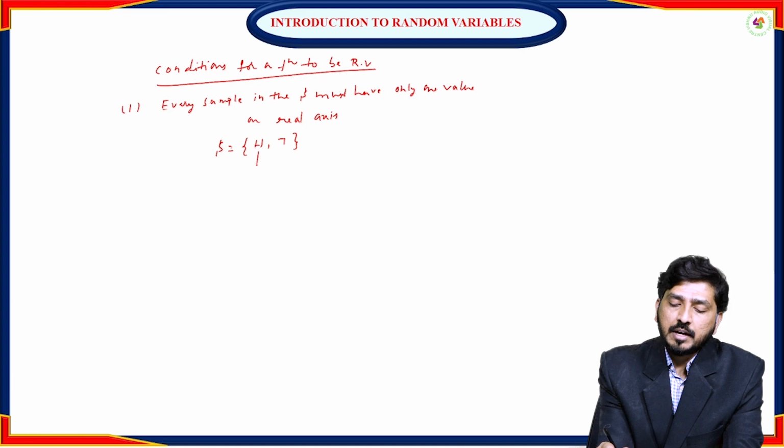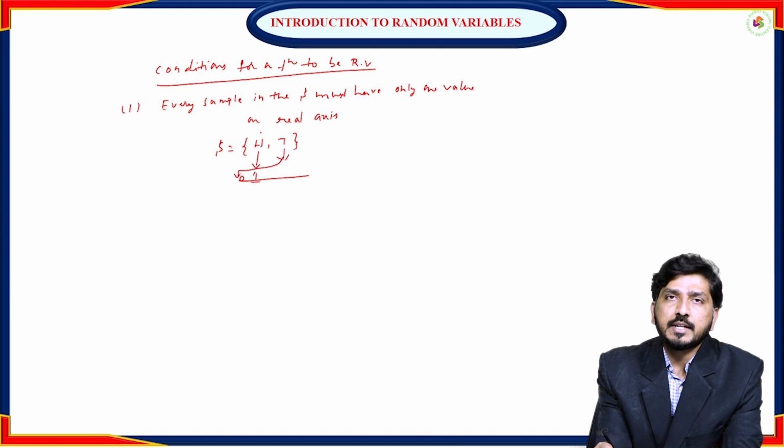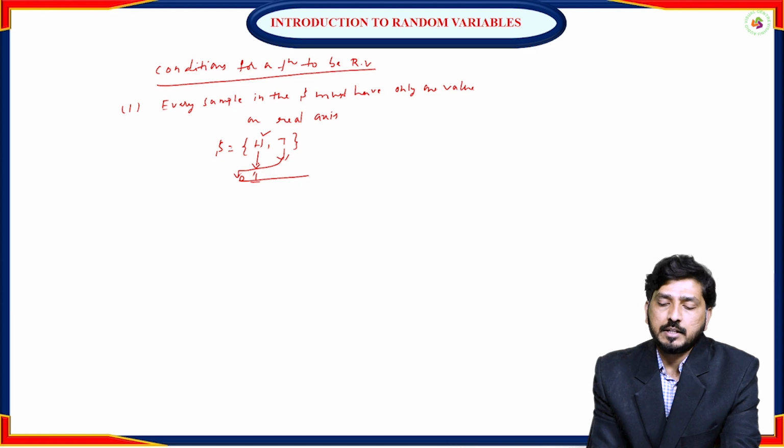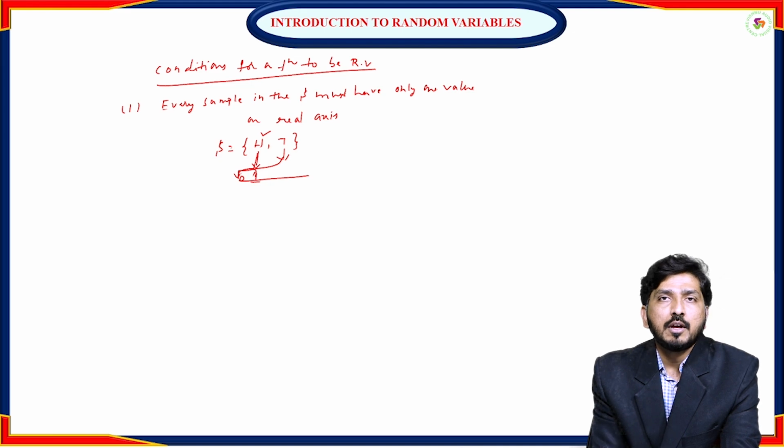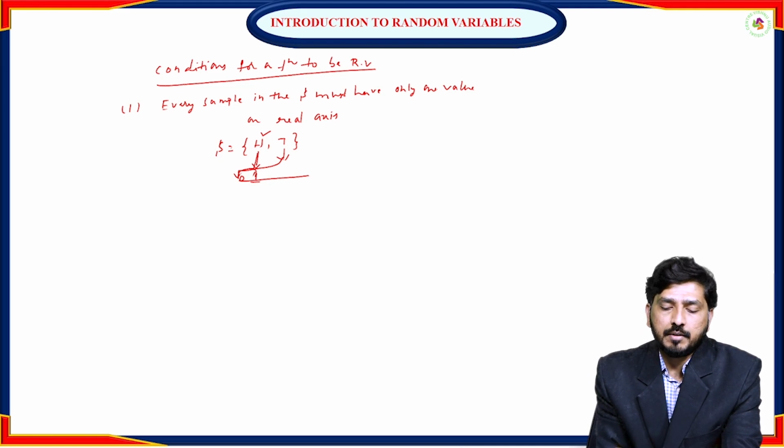Now each and every sample should have only one value on the real axis, that is the number of times head appears: here it is 1, and in this case it is 0. Each and every sample in a sample space should have only one value on the real axis. Head should not be pointed to 1 as well as 0. So one sample should have only one value. That is the first condition for a function to be a random variable.